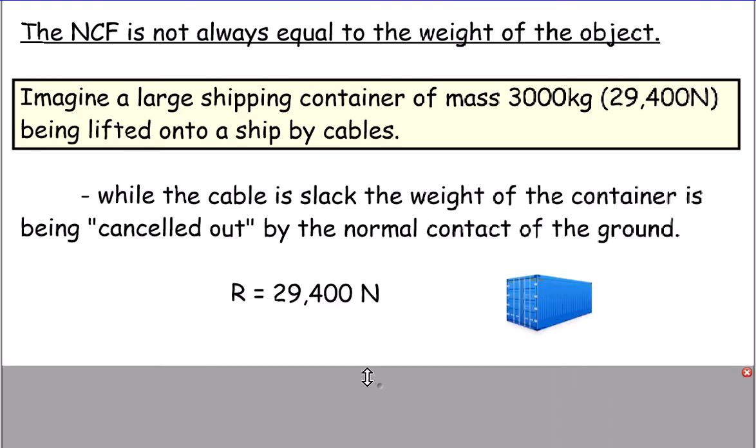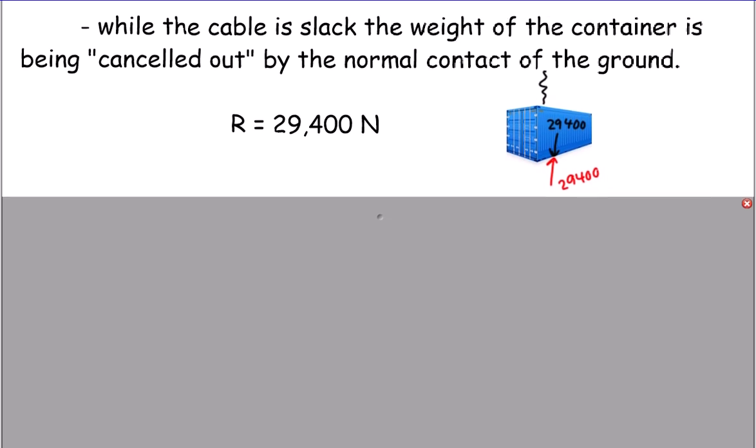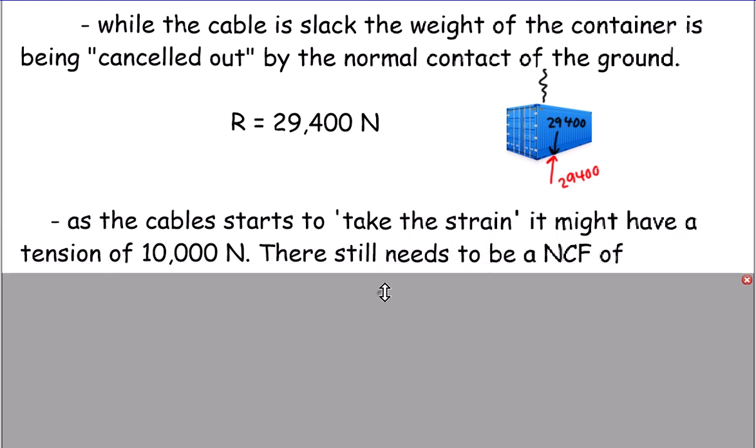So, while it's just sitting on the floor, and it's got cables attached, but those cables are slack, wiggly, okay, they're not doing any work at the minute because they've only just been attached. We've got a weight of 29,400 and the normal contact force, the floor is doing all of the work, also 29,400.